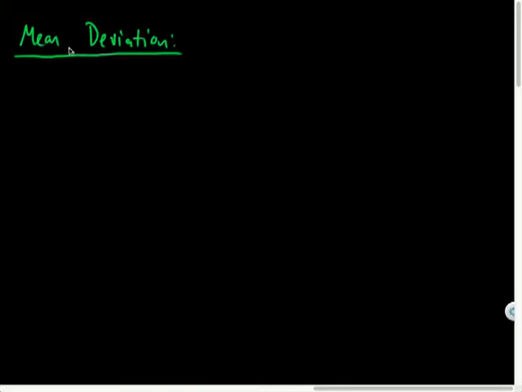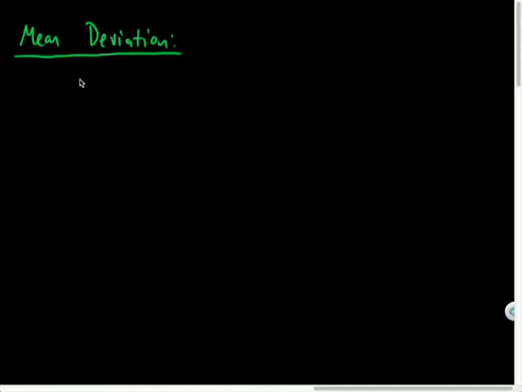So this mean deviation is going to be a quantifiable number, and it's going to describe how spread out the data is in a very specific way. What does mean mean? Well, that's the type of average. And deviation is talking about how dispersed our data is, or how much our data deviates from the mean.